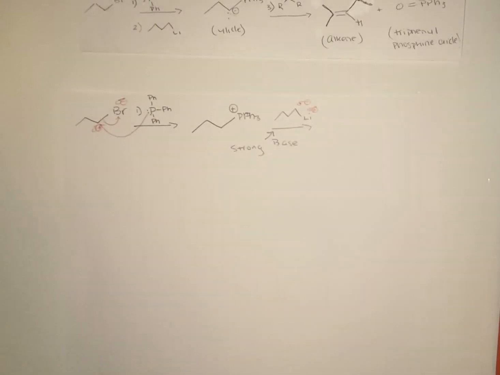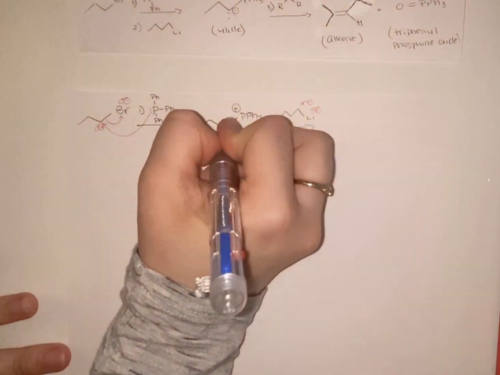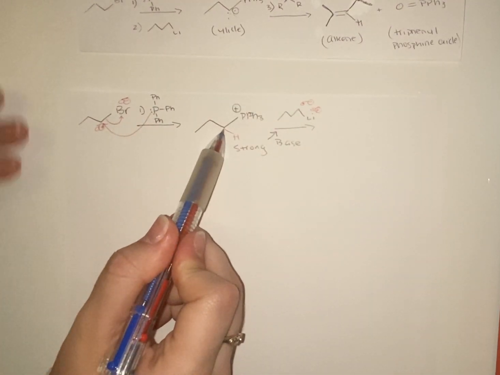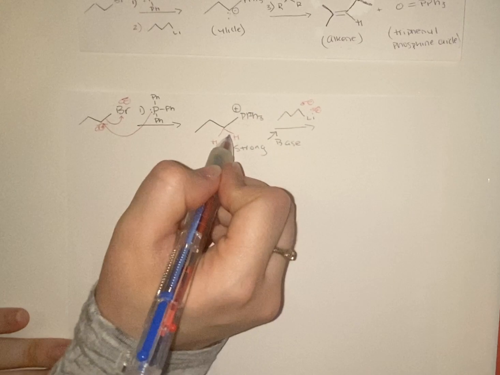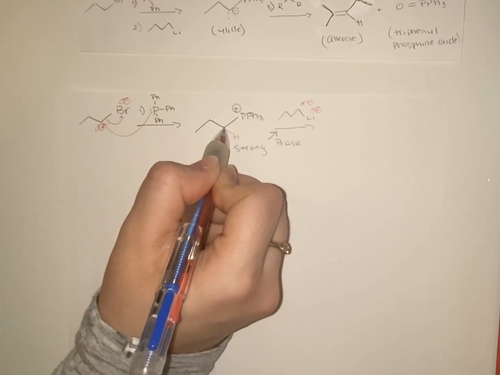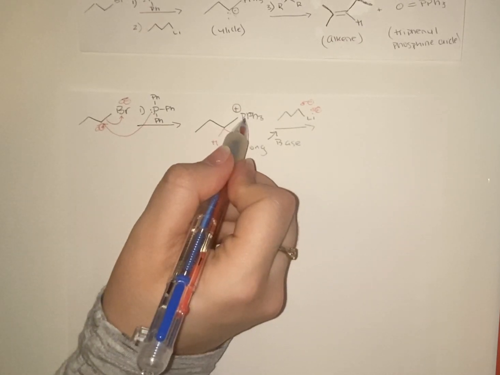So from there, the butyllithium will want to attack one of the hydrogens coming off of this carbon over here, because if the hydrogen is taken off, the electrons will move to this carbon, and that could actually be resonance stabilized by the phosphorus.